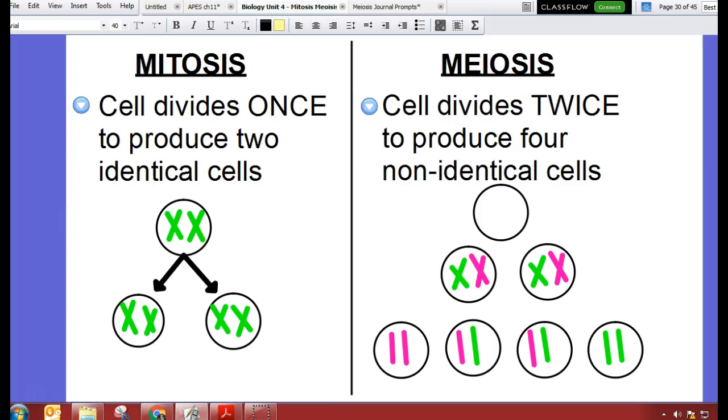So cell divides once, cell divides twice. The reason it divides twice is so that we can get 23 chromosomes.